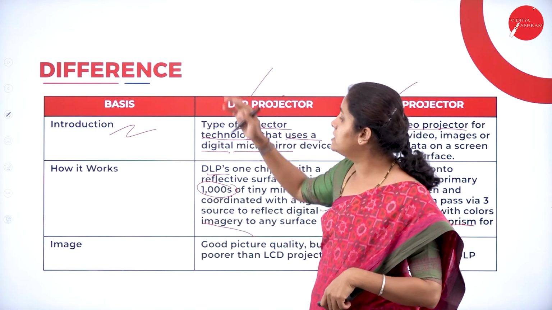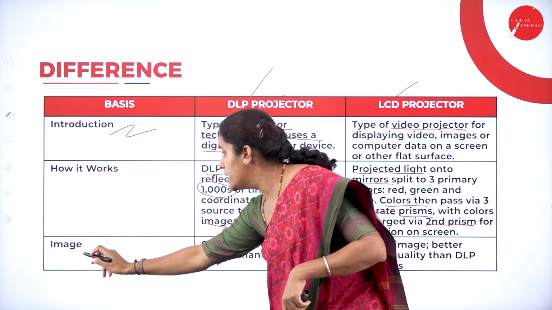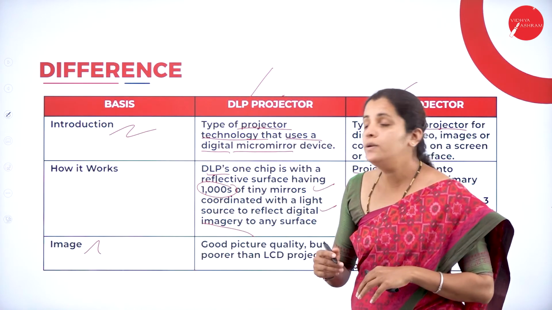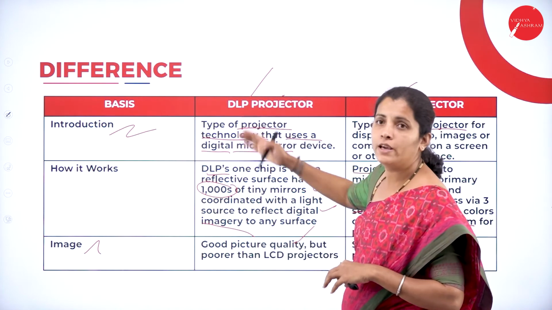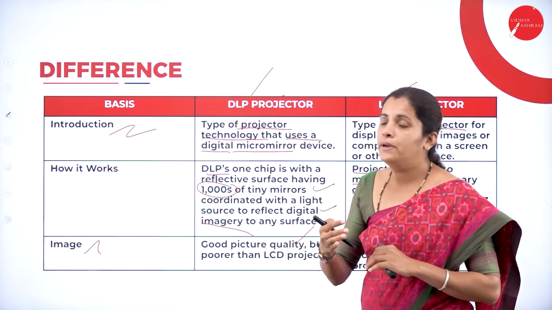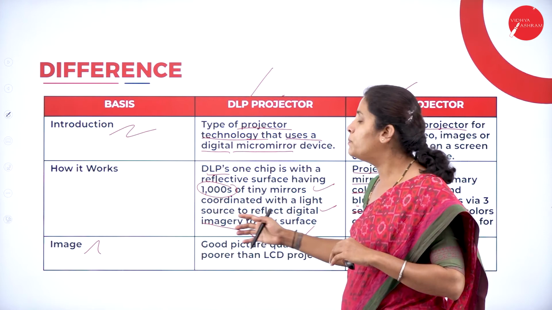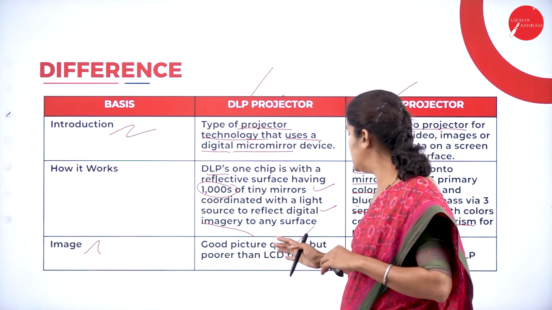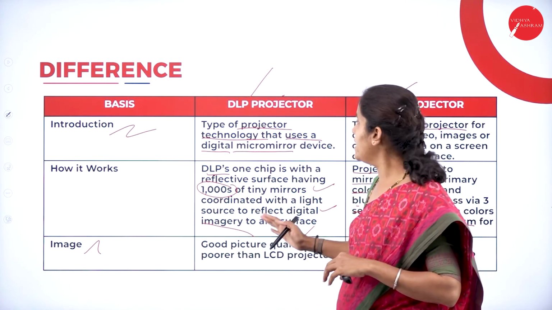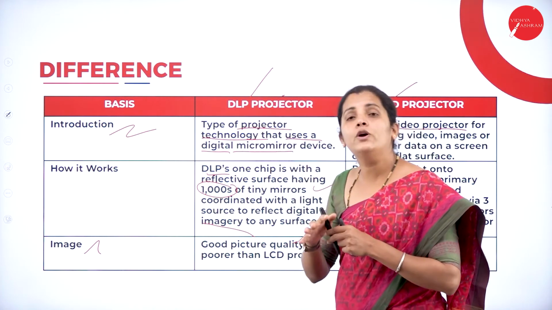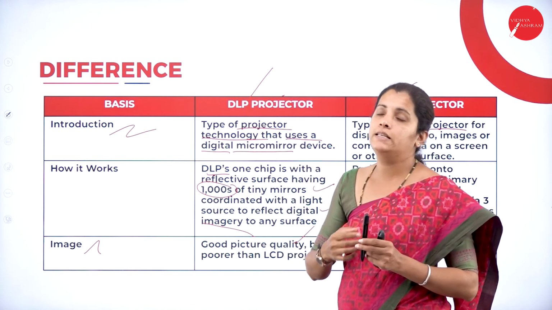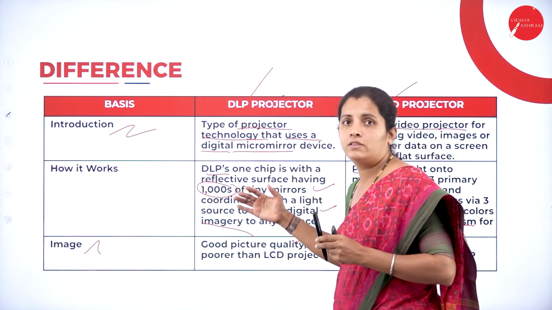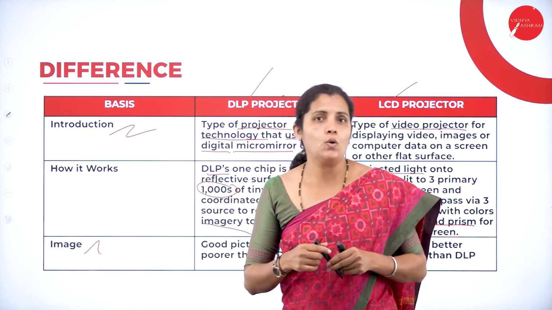Then the next difference with respect to image, a good picture quality. That means in DLP you are going to get good picture quality but poorer than LCD projector. In DLP you get good picture quality, but compared to LCD, the quality of the picture is low.